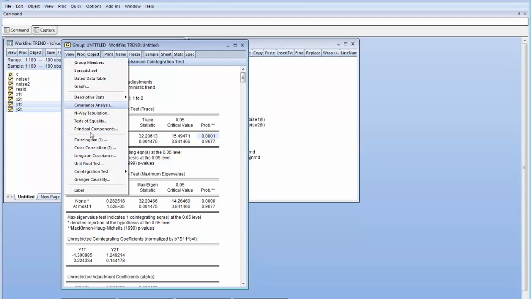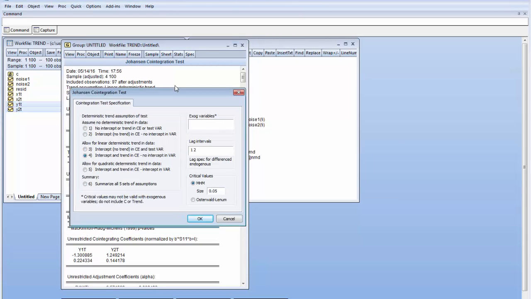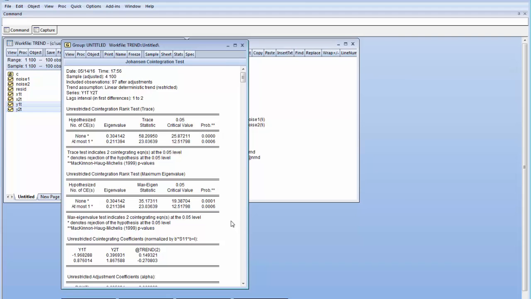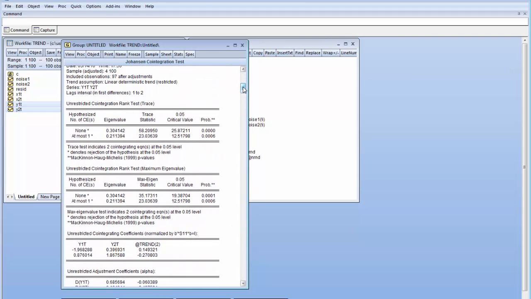You're very confused obviously, especially those who are not experienced. In that case, given that the test specification is correct, this one is certainly correct because we have trend in it, you shouldn't do cointegrating analysis. At this point, you stop and do not do cointegrating relations because these two series do not have a stochastic trend.